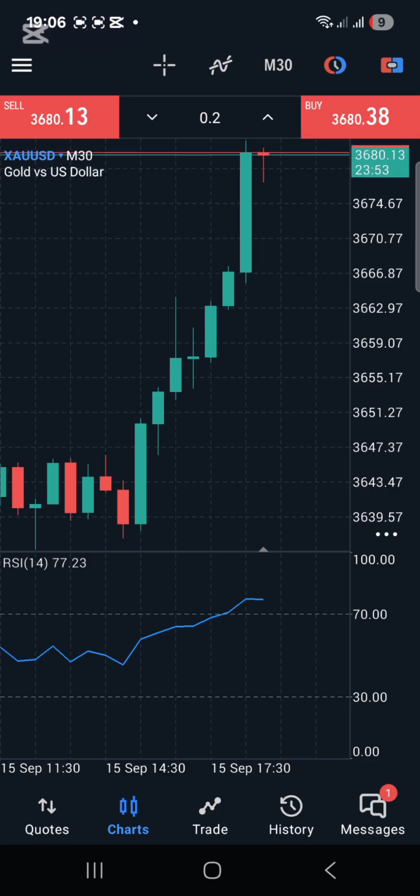So the overbought is when the RSI is above or exactly at 70. The oversold is when the RSI is exactly or below 30. And make sure, guys, you don't buy or sell if it has not reached the point.